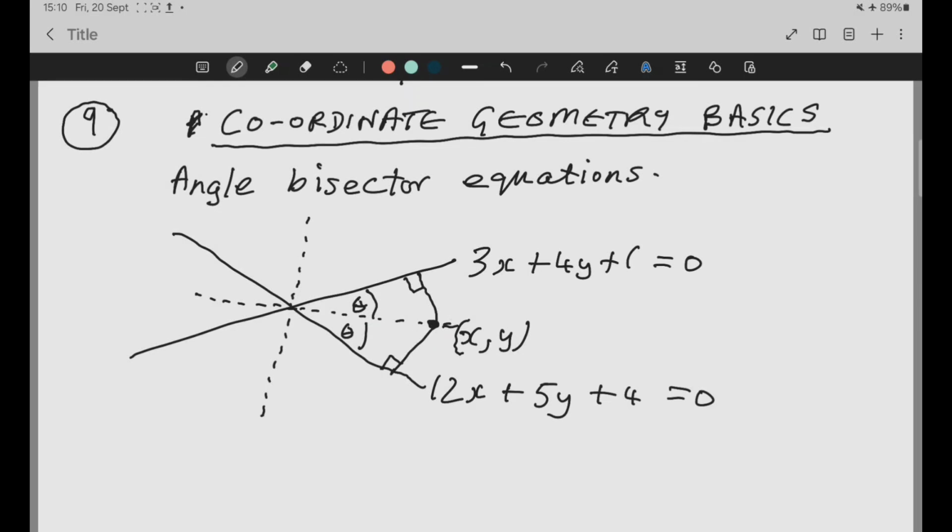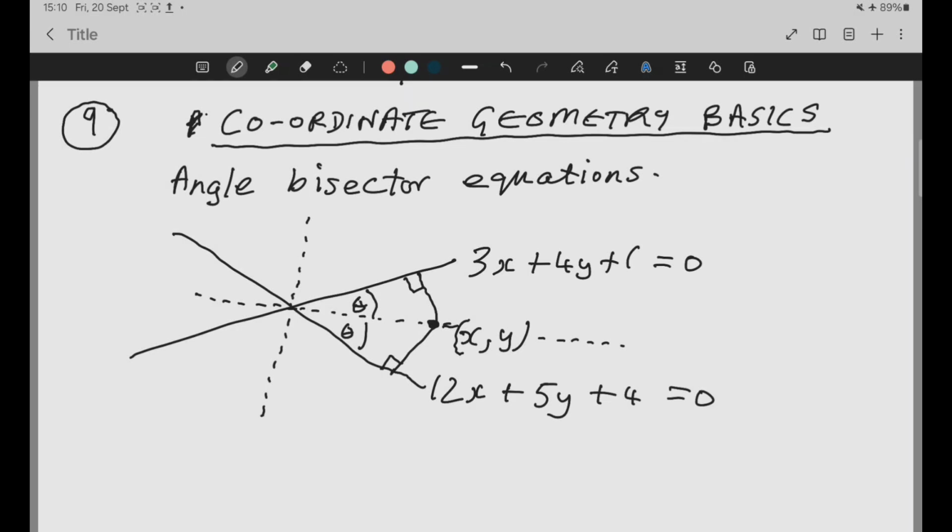And the thing to be aware of is that any point on that bisector line will be equidistant from the two given lines. That's easily deduced from geometry.